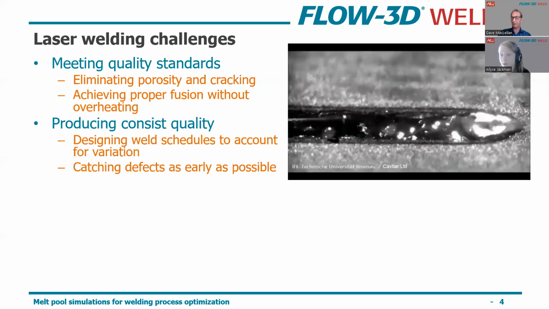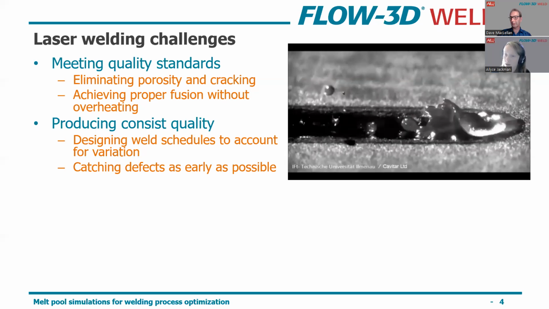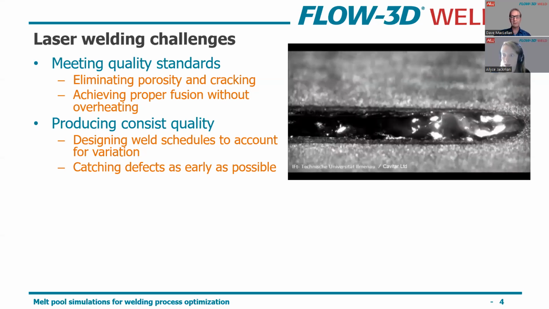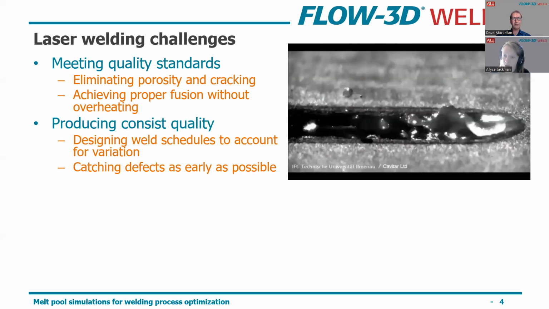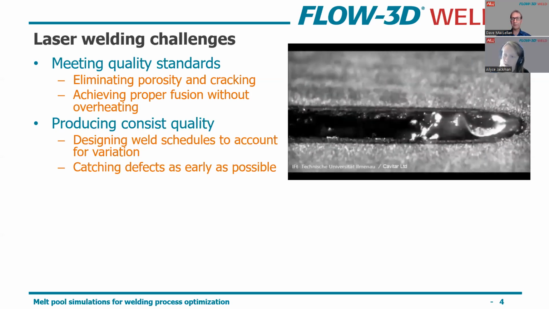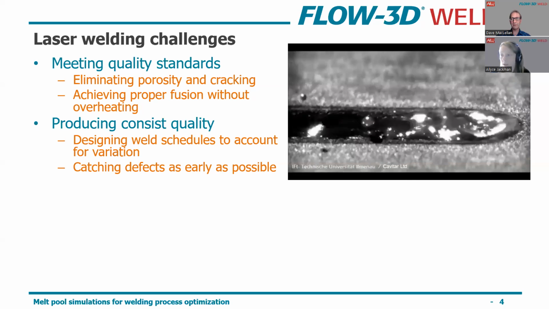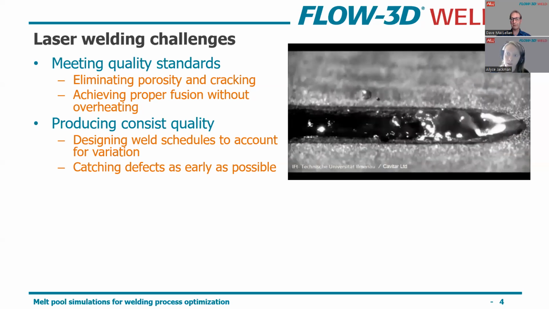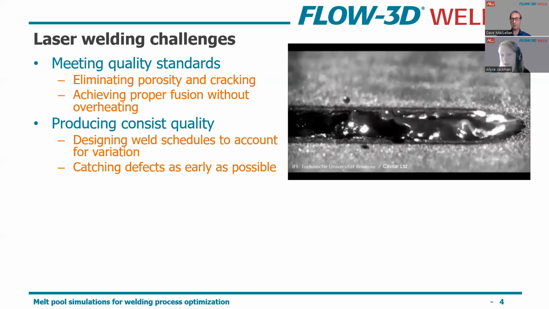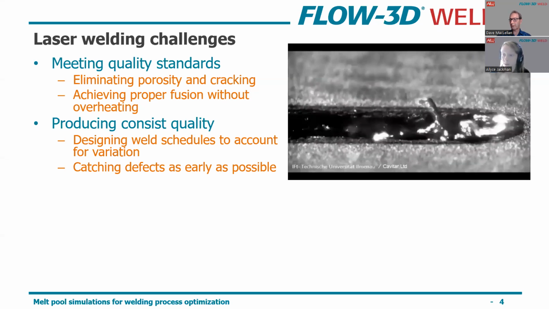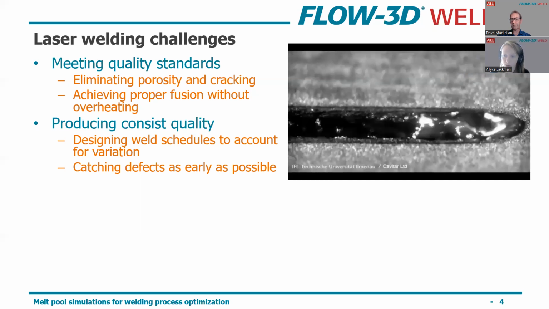But you also want to be able to produce consistent quality beyond the prototype. So in real life, on the real production floor, there's process variations, there's variations in geometry. And so designing weld schedules to not only produce the desired result in one case, but produce the desired result in all cases that you can design for is a key aspect of delivering quality in your product.